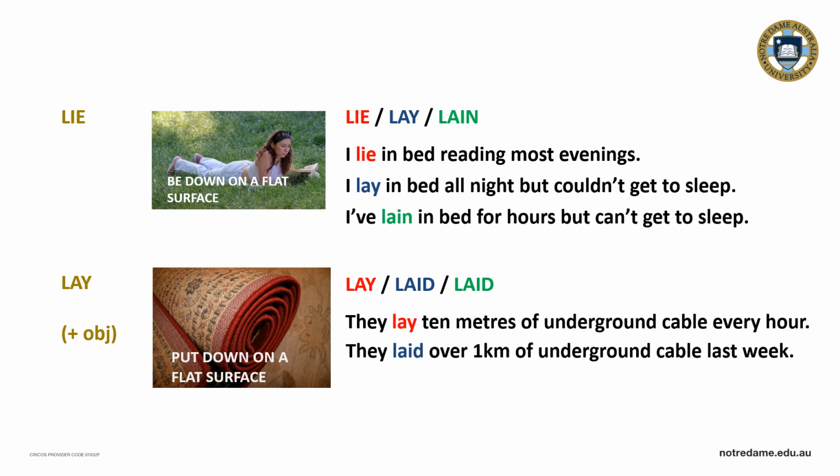They laid over 1 kilometer of underground cable last week. That's the past. They've just laid a new submarine cable. That means under the sea. And present perfect tense, have and the past participle laid.